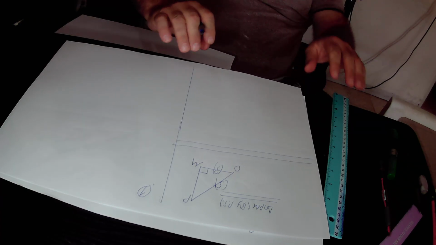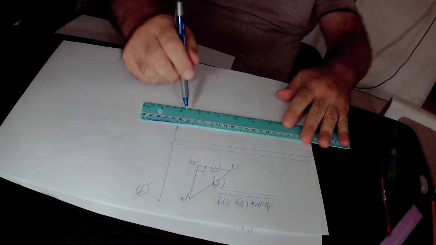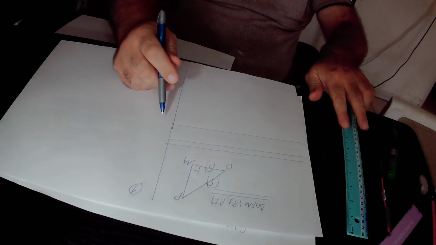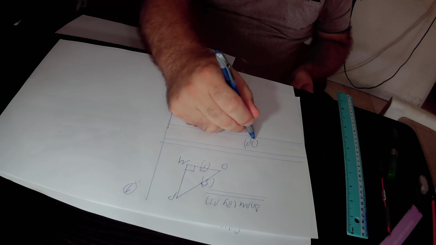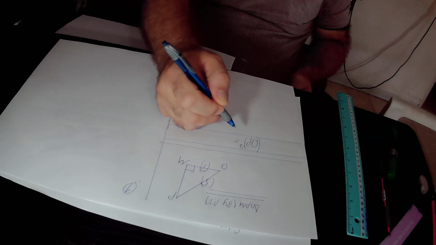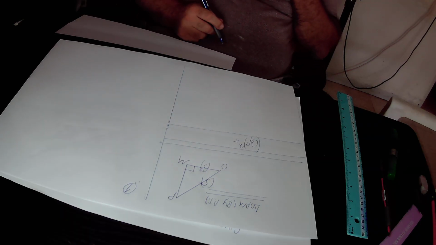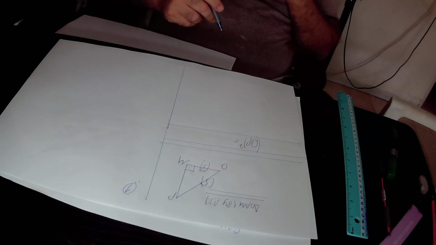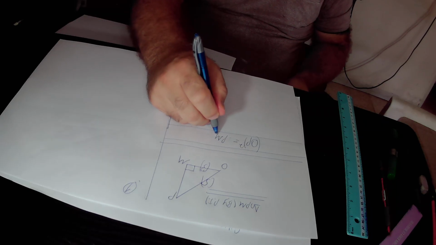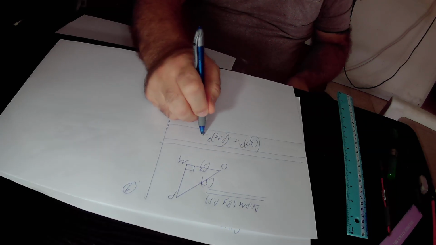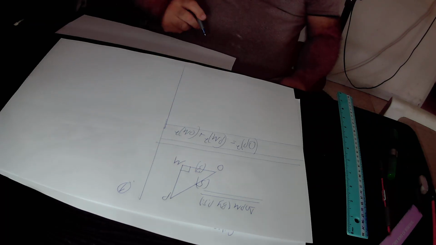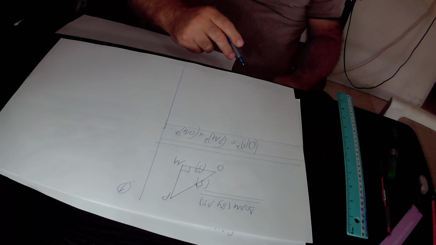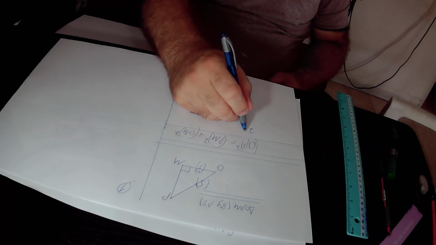So I write it down. OP squared, that is the square of the hypotenuse, equals PM squared plus OM squared. OP equals 5, therefore OP squared is 5 squared, that is 25.